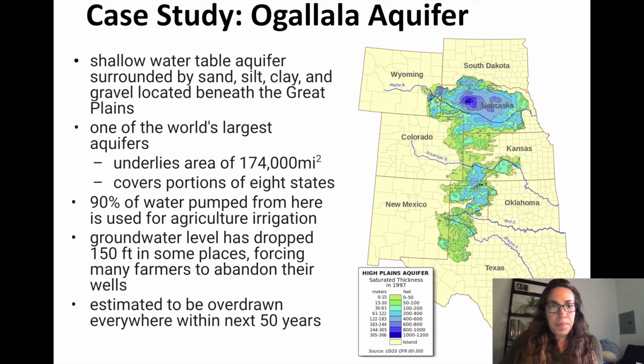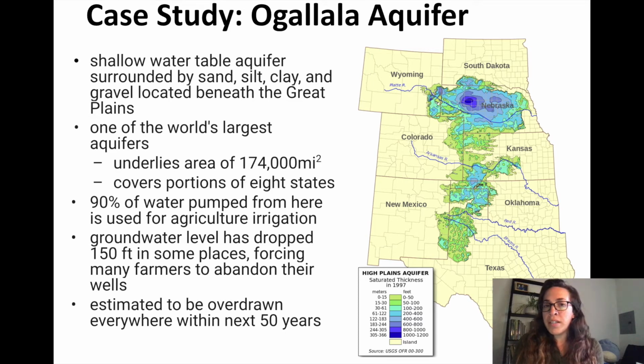The biggest aquifer in the United States, and actually one of the largest in the world, is the Ogallala Aquifer. Great name, really fun to say. It's a shallow water table aquifer surrounded by sand, silt, and clay, and gravel, so it is able to be replenished from surface precipitation fairly easily.